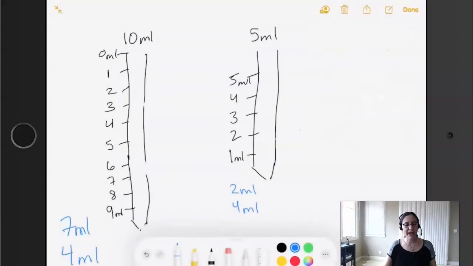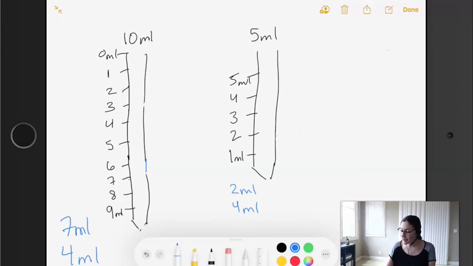Okay. So to recap, what you are asked to do in your laboratory notebook is to draw the pipettes that you used. You used a 10 ml pipette and a 5 ml pipette. And I'm going to give you an example of what you're going to be doing. On one side of the pipette, you're going to be writing the graduations, how you would like to draw up the volume.